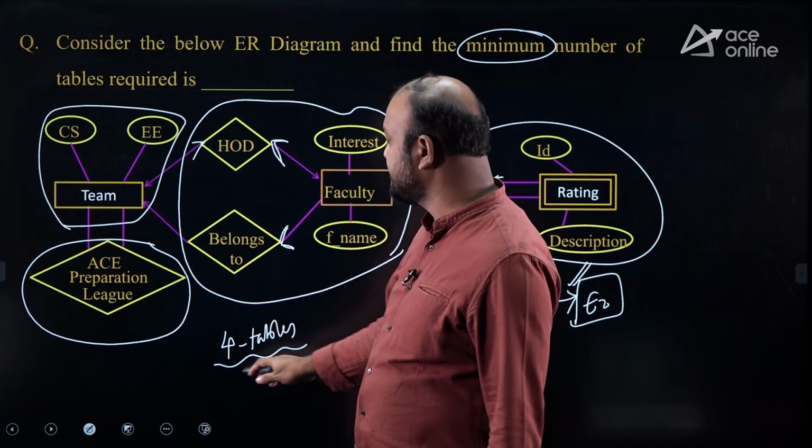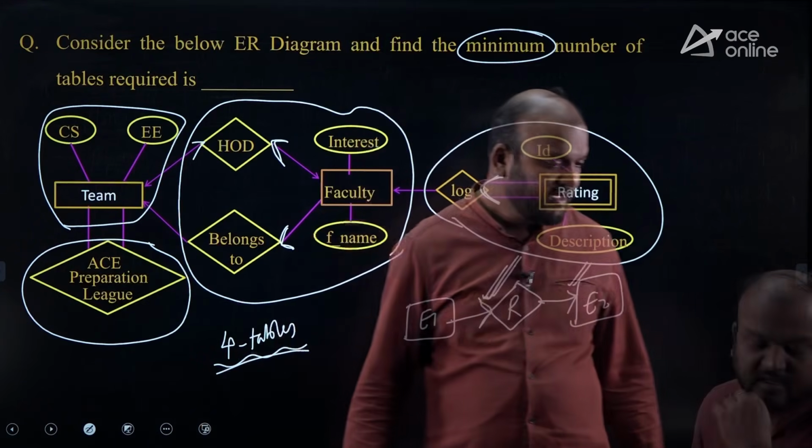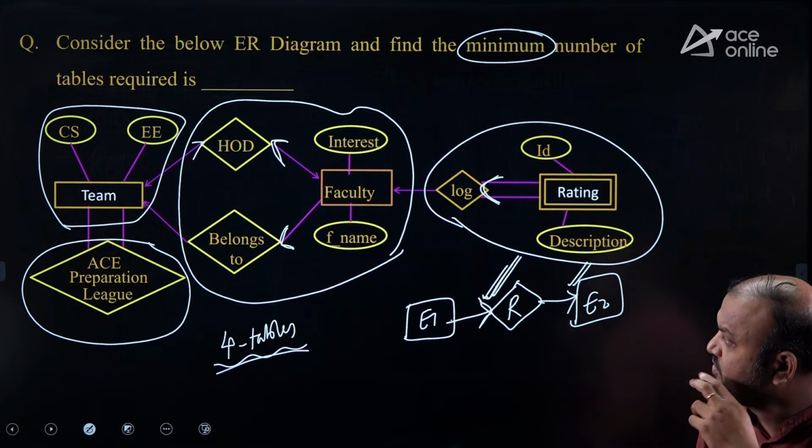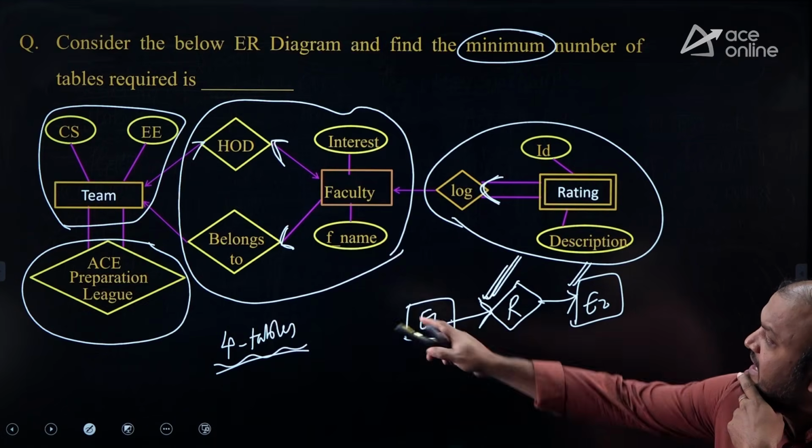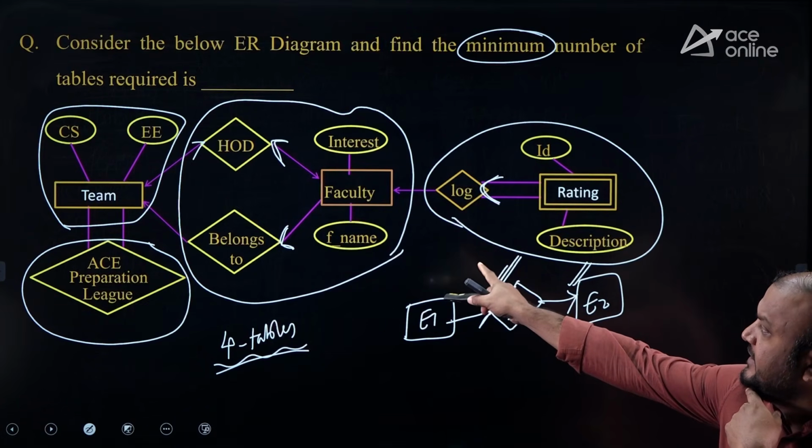So how many tables are possible? 4 tables are possible. How did the arrow come from team to HOD? Actually, because we have an arrow from team to faculty.